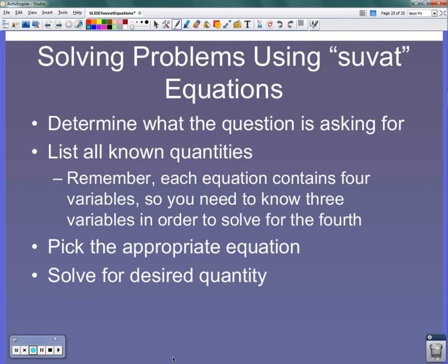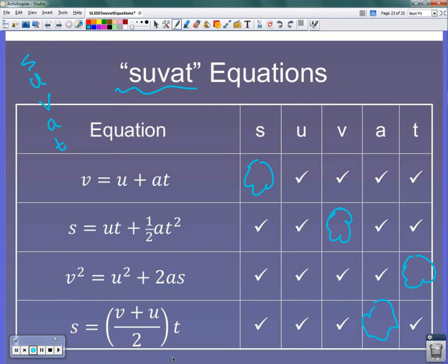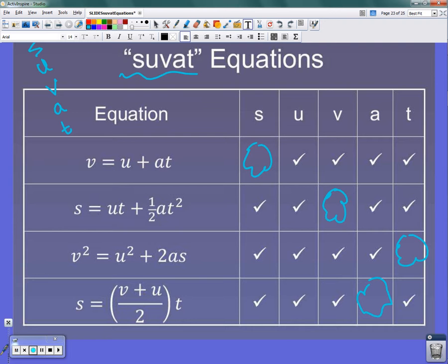Well, all of these equations contain 4 of the descriptors of motion that we've introduced so far. That means if you're going to use that equation to solve for one of the 4, you need to know the other 3.